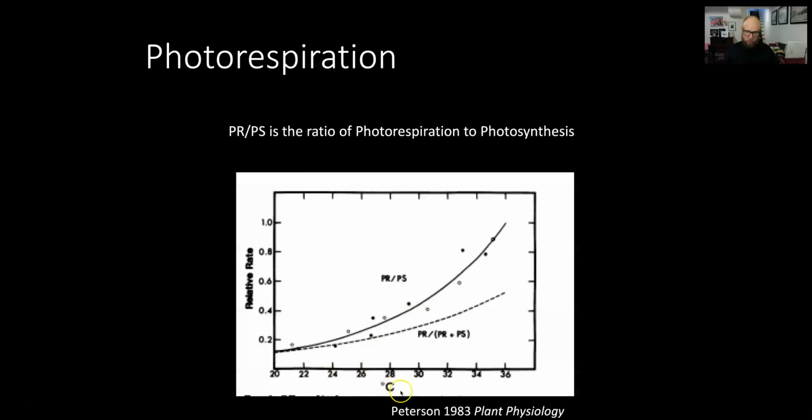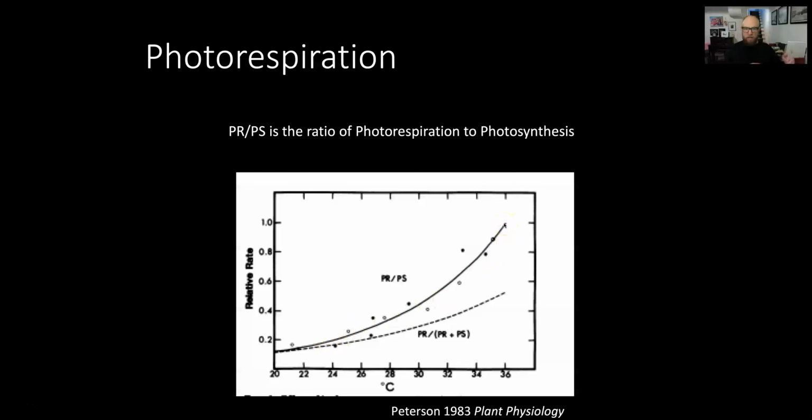On the x-axis, we have air temperature. On the y-axis, we have the relative ratio of photorespiration to photosynthesis. We're going to be looking at the solid line. You can see as you increase temperature, the relative ratio increases, which means the proportion of photorespiration is increasing at an exponential rate.